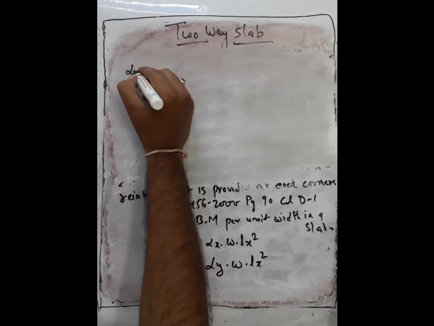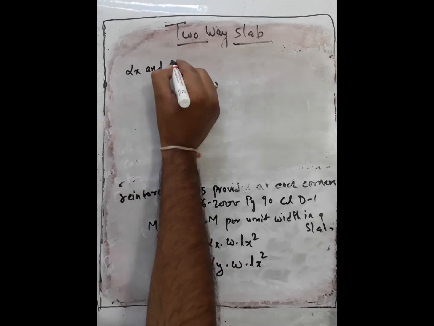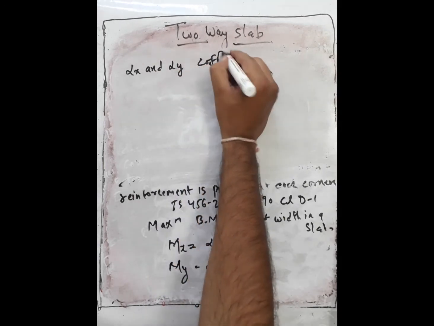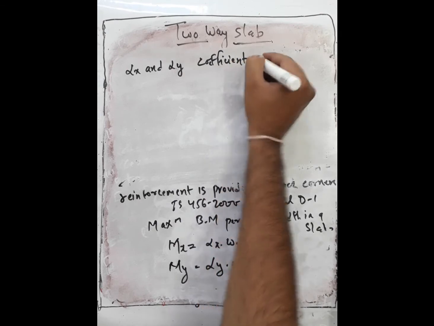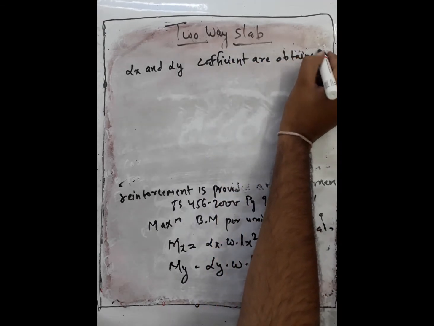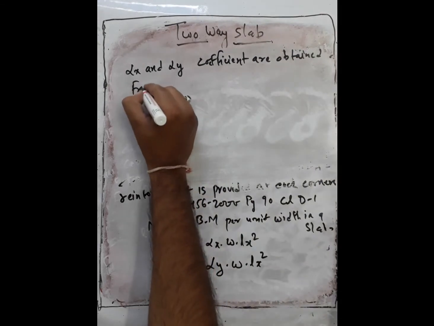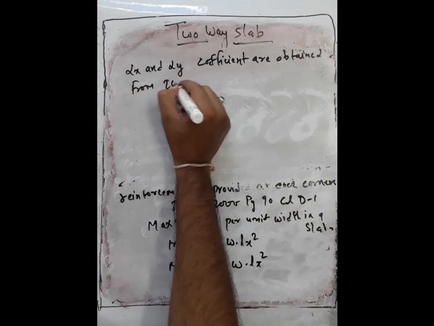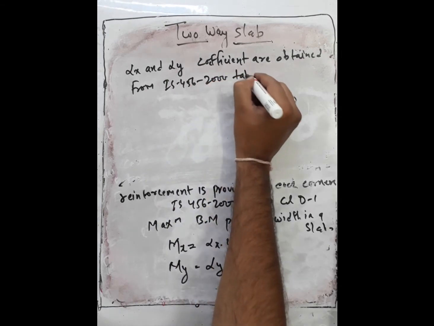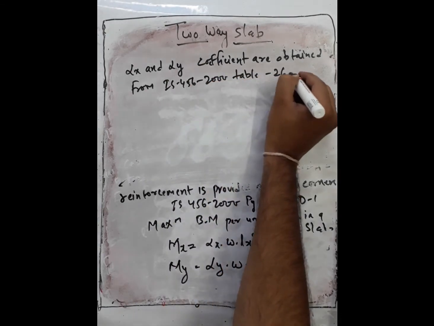Here alpha x and alpha y coefficients are obtained from IS 456:2000 Table number 26.